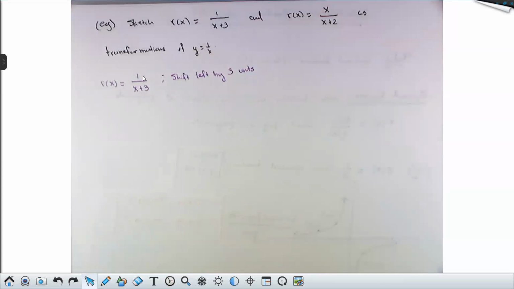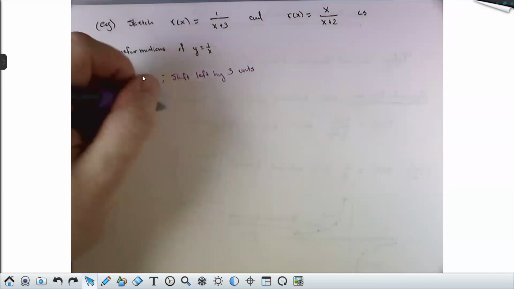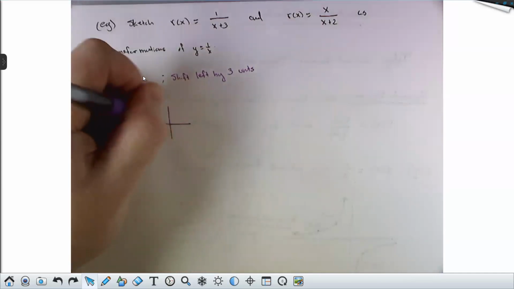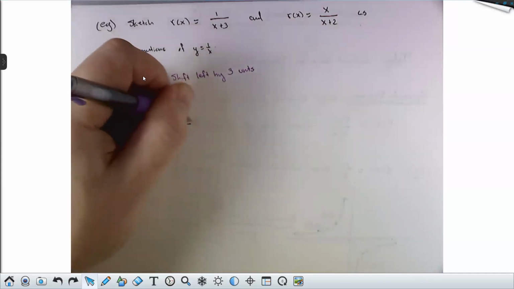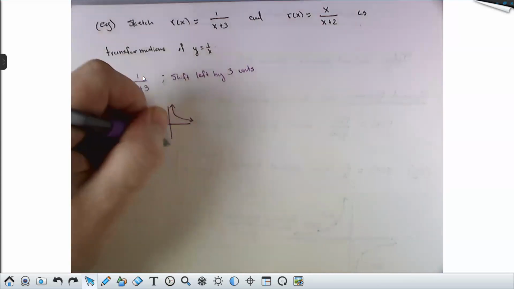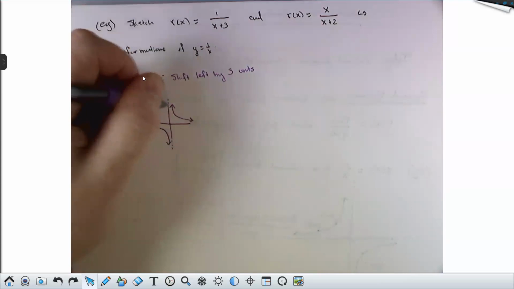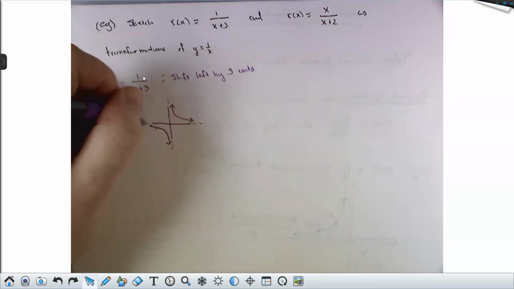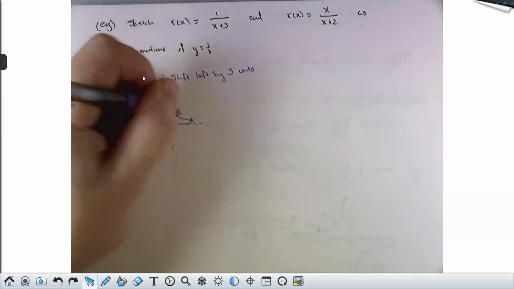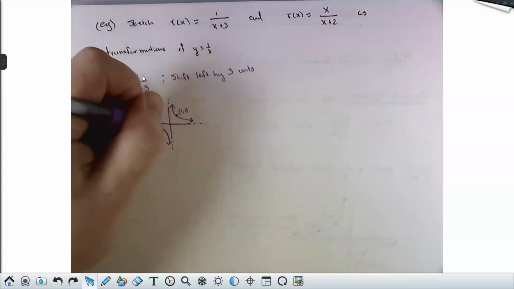This pen's not very good. We'll try to make it work. So I take my graph of 1 over x, asymptotes, and at least a couple points, 1, 1. I'll just do these two, -1, -1.